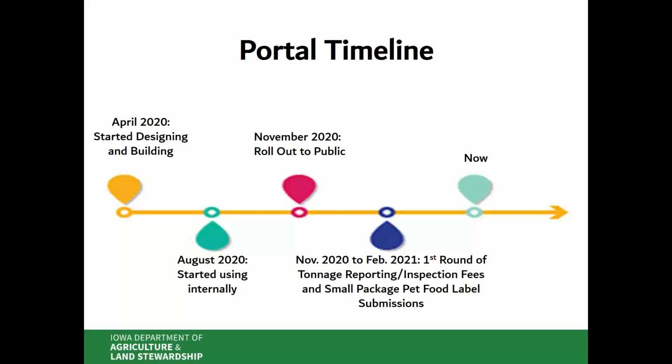So that's when you guys started seeing your emails come through for these weird links and everything else. And then from November to February was the first round of tonnage report and inspection fees. And we also did small package pet food label submissions during that process too. And now today, we're going to be starting the tonnage report and then the first license renewal through the process.